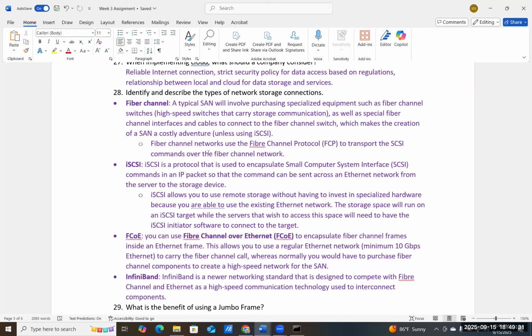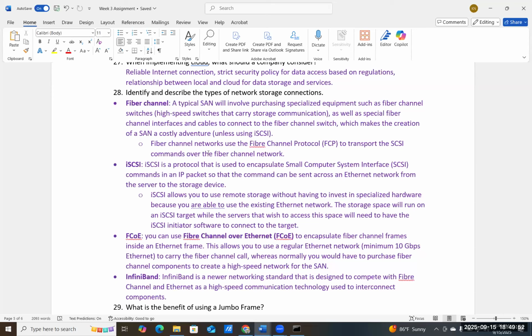It would integrate Fibre Channel interfaces using fiber cable and Fibre Channel switches, okay? And a SAN is costly. If you talk to anybody, and even if you look at the price, it is expensive.